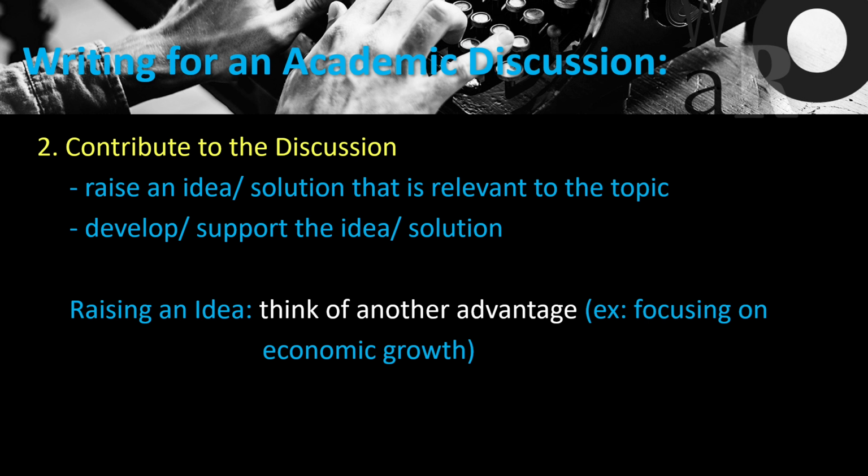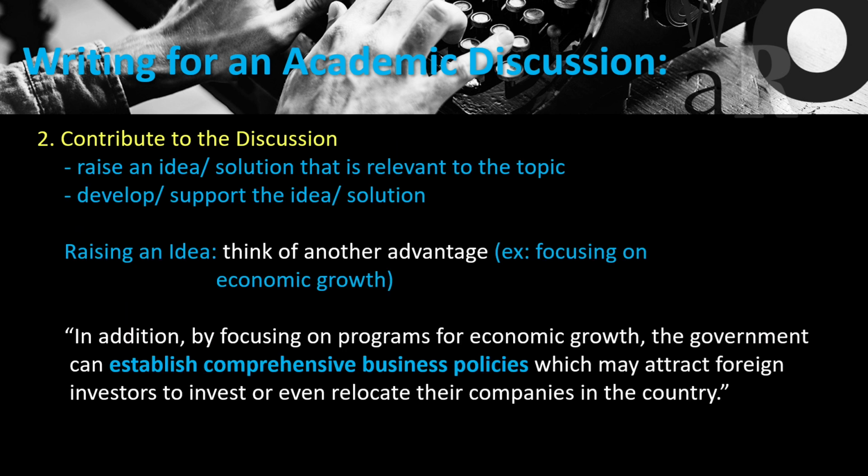But again, remember that your idea or the advantage that you come up with should be different from student A's idea. For instance, you may say, in addition, by focusing on programs for economic growth, the government can establish comprehensive policies, which may attract foreign investors to invest or even relocate their companies in the country.